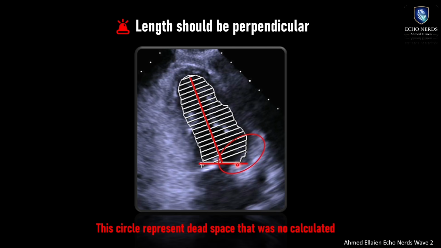So all this triangle at the lower end of the LV is excluded from the cavity. It is a dead space that was not calculated. So to include this dead space, you have to make a vertical measurement. Try to get your view vertical, so that the LV is vertical and the length is vertical.